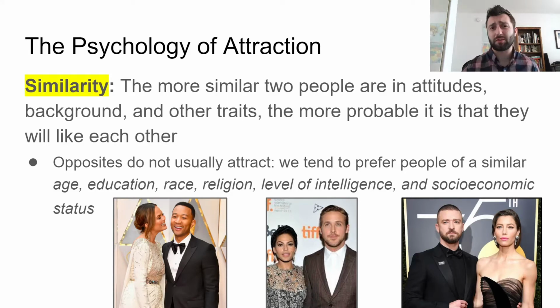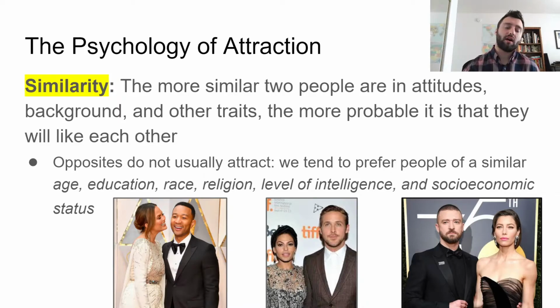And a really simple example of this is it's not very likely that you're going to have a really successful relationship if you are a PhD and the person you're with didn't graduate high school, right? Probably not very likely that's going to cause attraction.